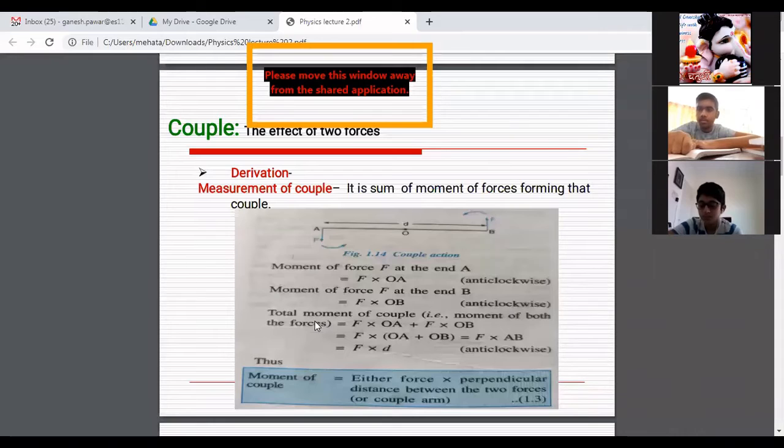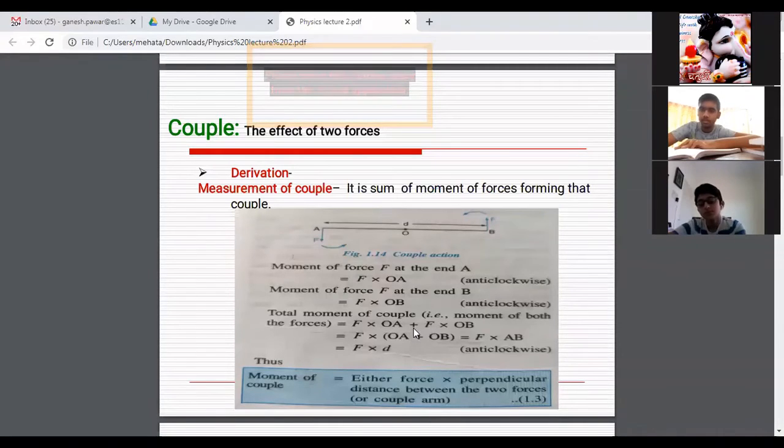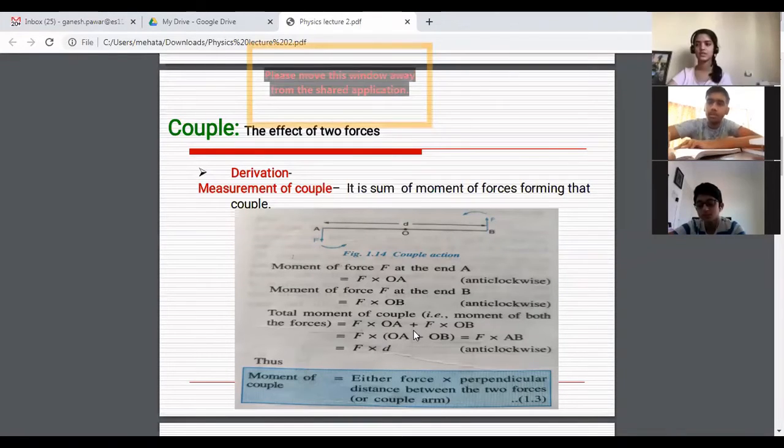So therefore, when I am going to calculate the moment of couple, how to calculate moment of couple? You can see that that is the moment of both the forces. So we have to consider both the moments over here. And as both of them are anti-clockwise, so what symbol is over here? Naman, which symbol is over here? Addition, plus.